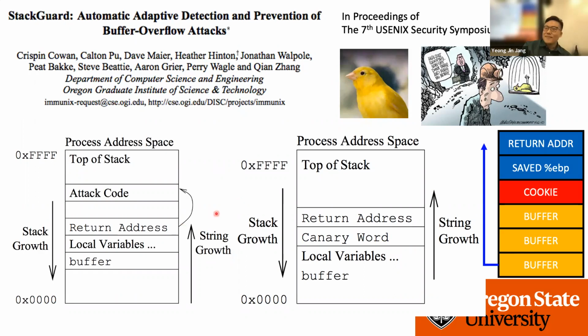Also, I don't like a lot of text in academic material, so I just show graphics like this. You will see that next to the buffer there is a canary word. In this paper, StackGuard, they call the stack cookie a stack canary. The reason is that in the old days, in coal mining, coal miners brought a canary, the bird, into the mine, because there were chances of carbon monoxide, and the bird dies faster than a human.